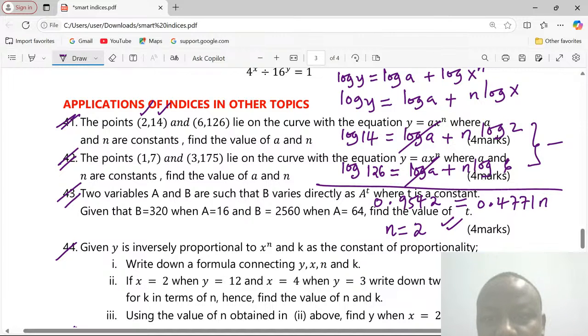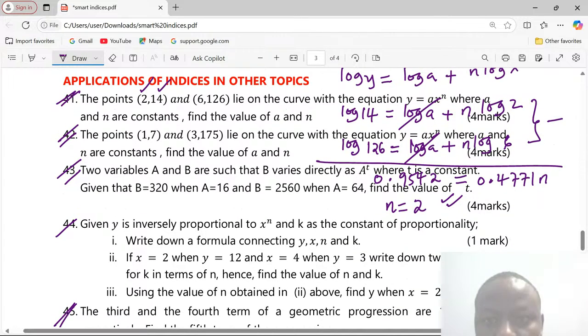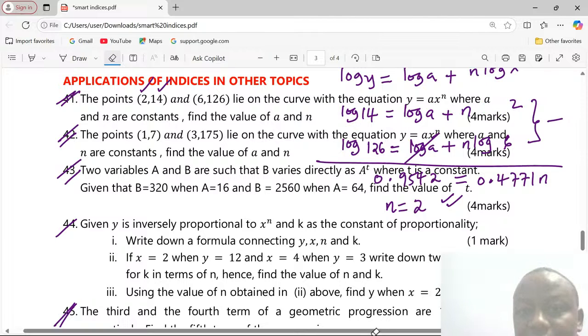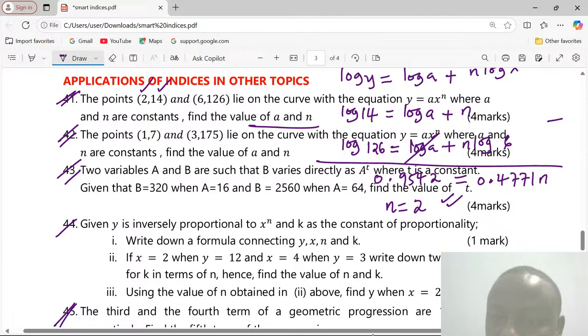If the value of n is equal to 2, what about the value of a? Because the two constants we are getting are a and n. So y equals to a x power n.